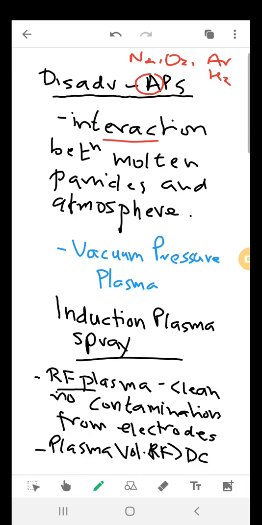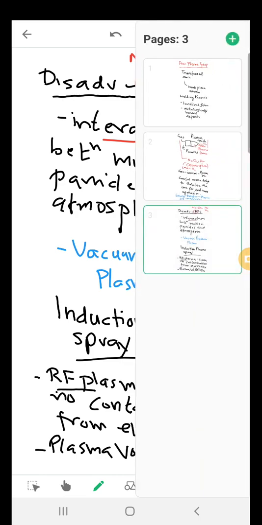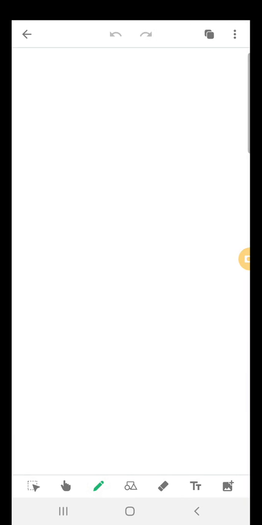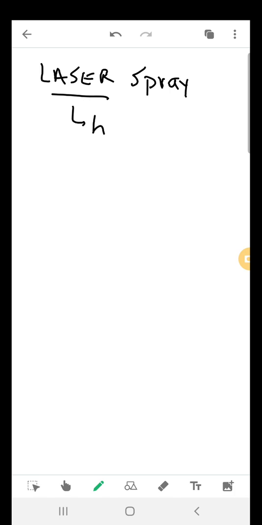There are other ways of depositing films and coatings which come under thermal spray. One of the significant methods is called laser spray, where the laser is basically the heat source, monochromatic light, and mainly a CO2 laser is used.